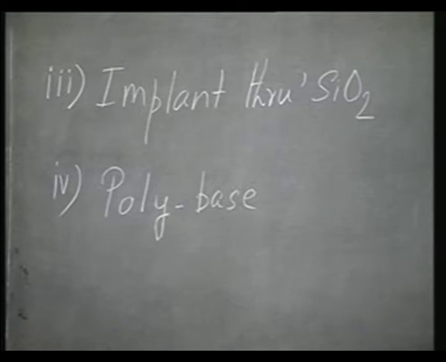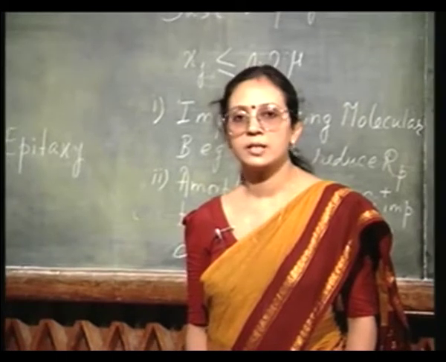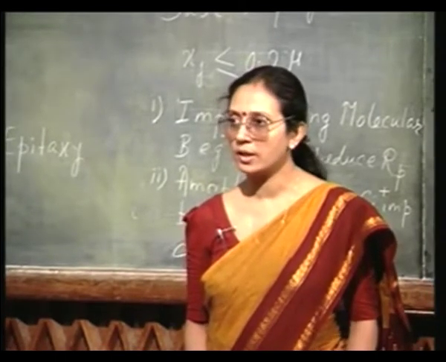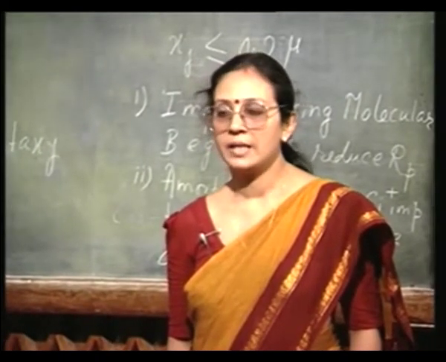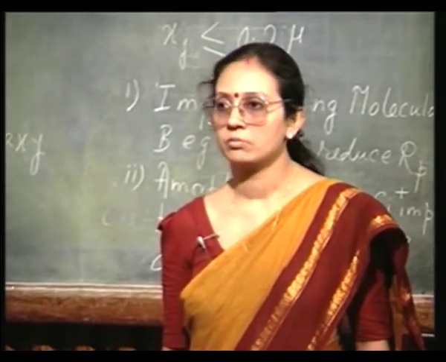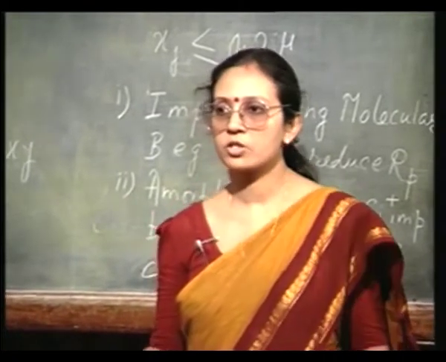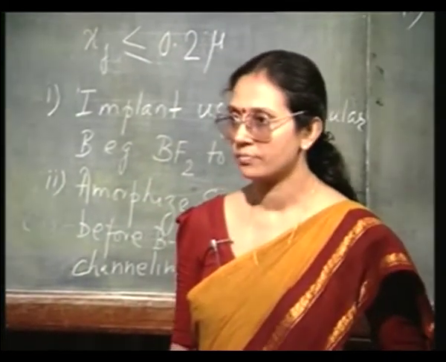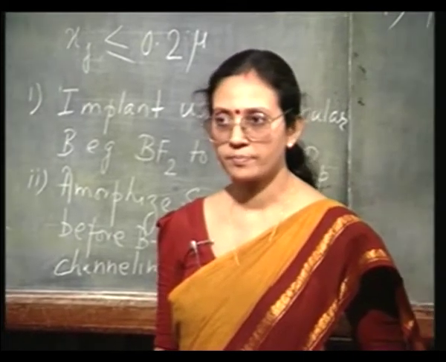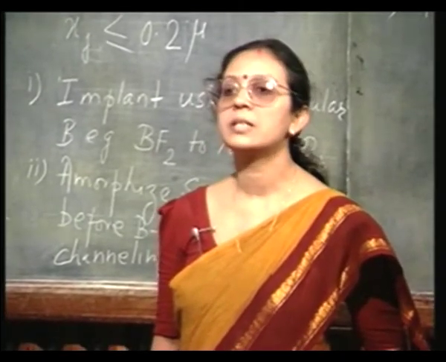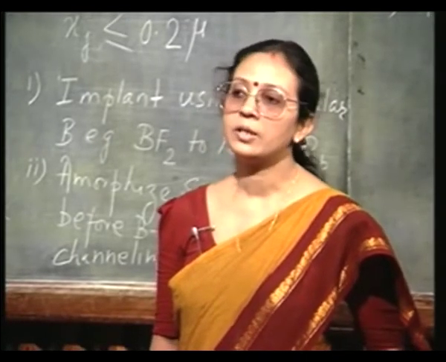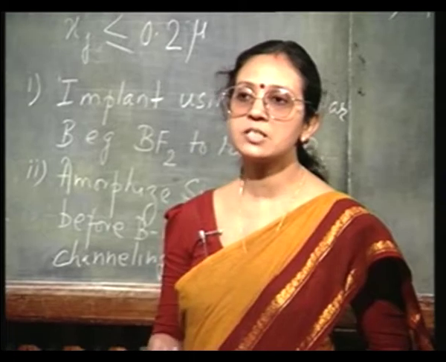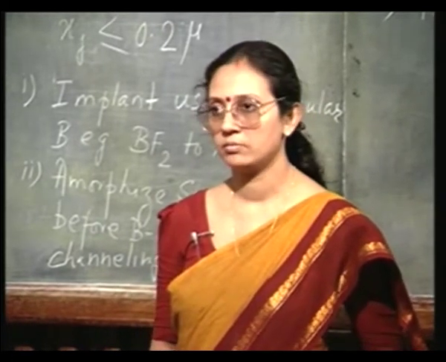What we want to do is, you first deposit a polysilicon layer, an undoped polysilicon layer over the entire base. Then you do the implantation. See, you have no restriction on the polysilicon layer thickness. You can have a thick polysilicon layer, and then you implant in this polysilicon layer, making sure that this implantation does not reach the actual crystalline silicon.